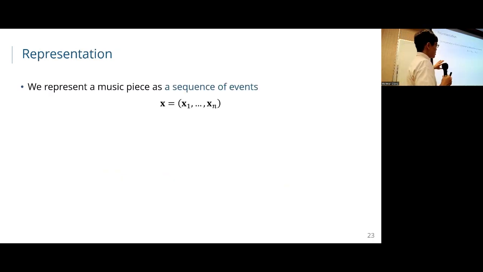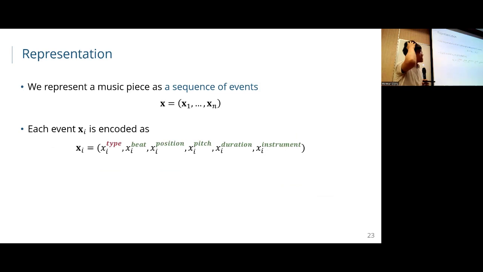Cool. So let's jump into a bit more technical details. We basically represent music as a sequence of events, like we do in natural language processing. We have words in natural language processing, but now we have events in music generation. These events are basically a tuple of 6 components.